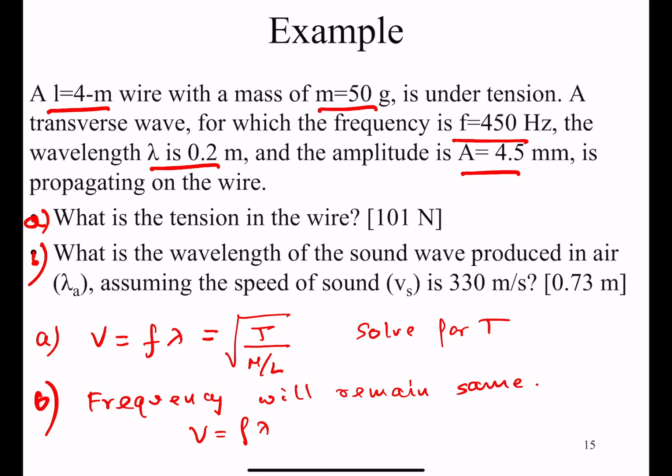The V would simply be the speed of sound, so Vs. The frequency will not change, so it's going to be the same frequency as the frequency of the wave on the wire. So it's going to be 450 Hertz multiplied by the unknown wavelength of the sound wave. And so from here you can solve for the sound wave wavelength.